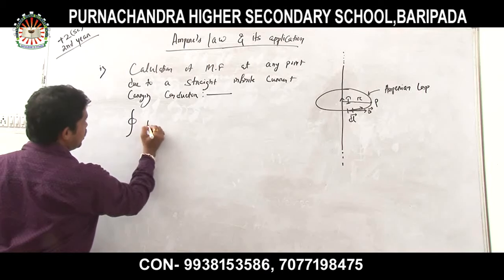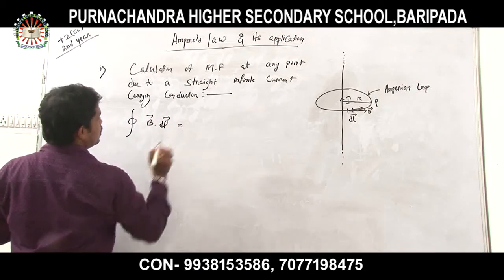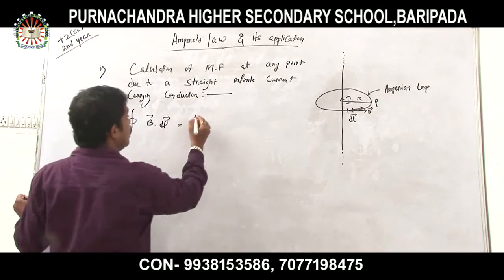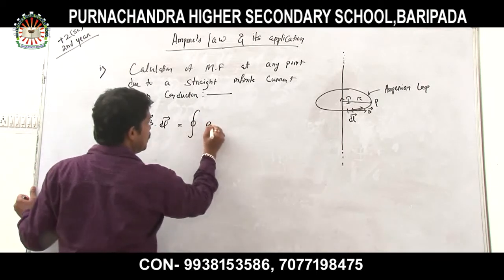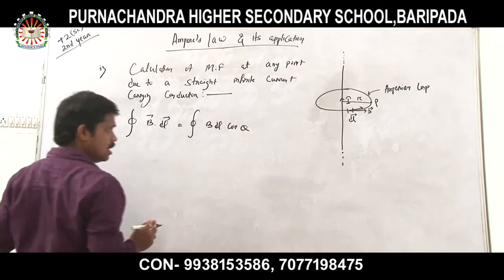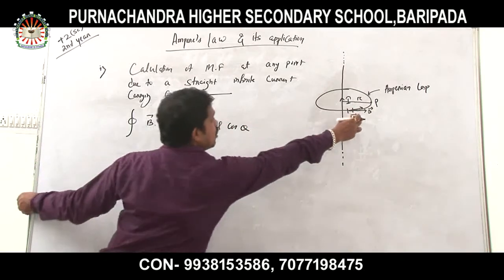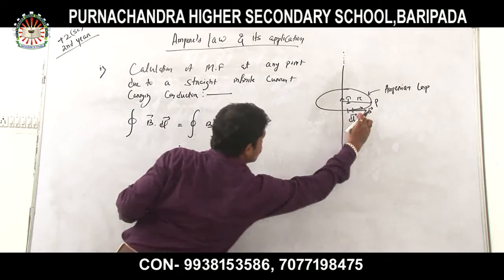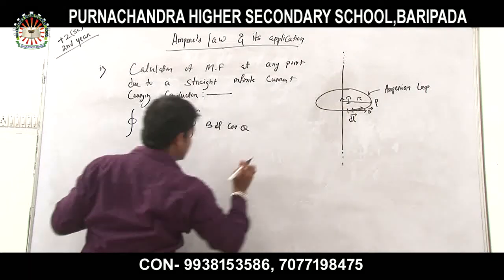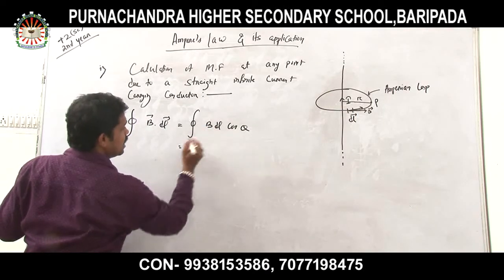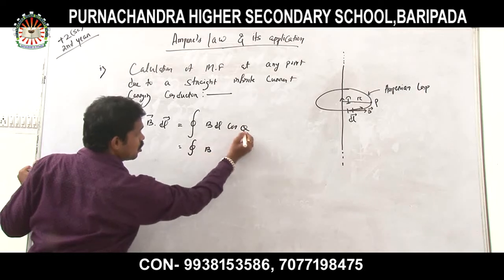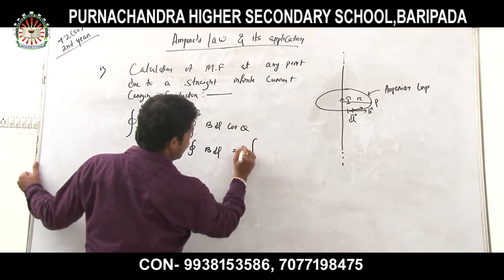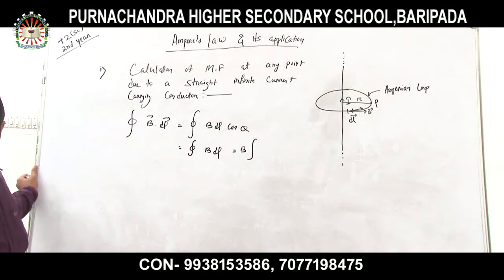So the closed integral of B dot dl over this loop is the closed integral of B dl cos theta. What is the angle between B and dl? Just as I found here, 0 degrees, because both point in the same direction. So cos 0 is 1, and that is B dl. That is equal to, let us take B outside.